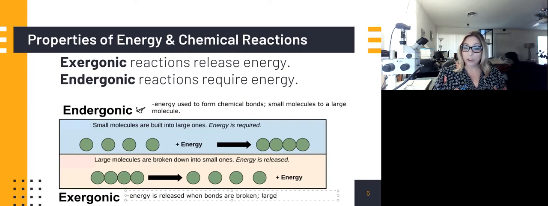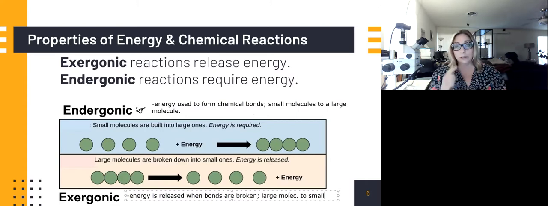And it goes from a large molecule to small. Okay, those bonds are being broken in that large molecule. This gives off energy. Energy exits the system. And what you're left with are small molecules with just a few bonds. So you're going from high potential energy to low potential energy.